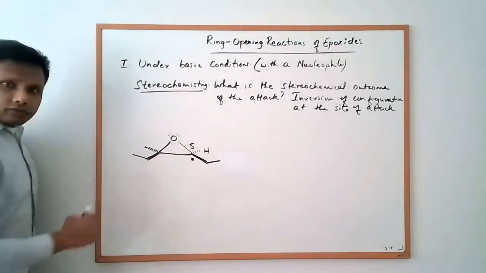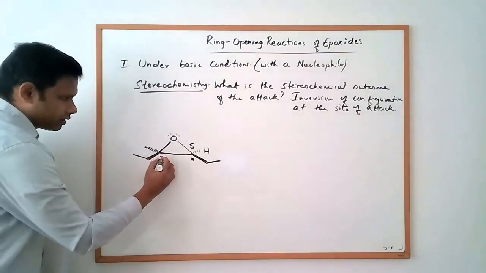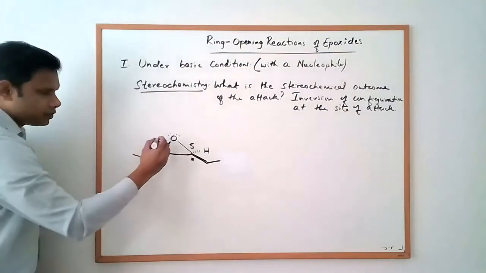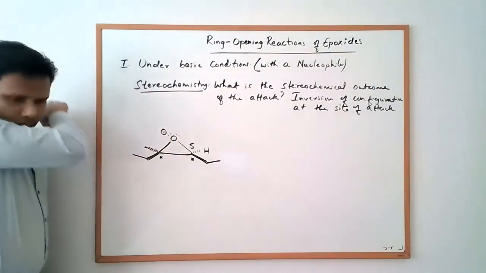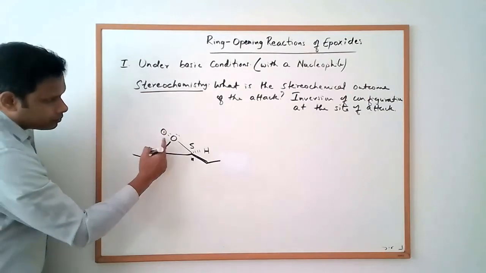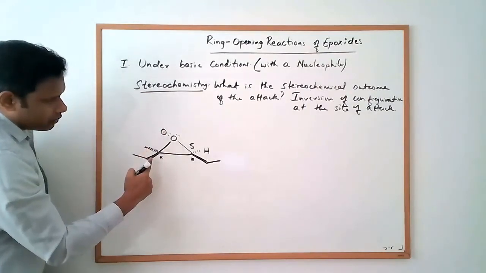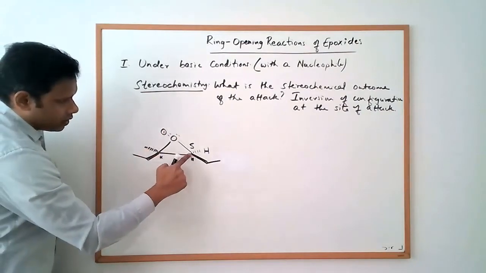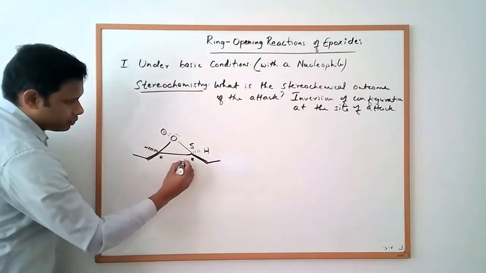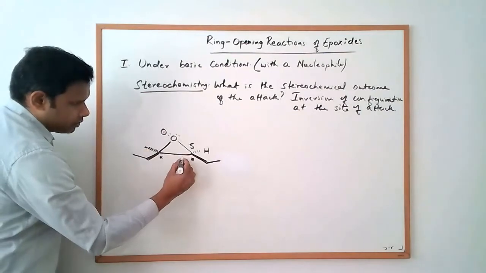For the carbon on the left-hand side here, if we assign priorities, oxygen is 1, and of the carbons that are there, this carbon here would be 2.